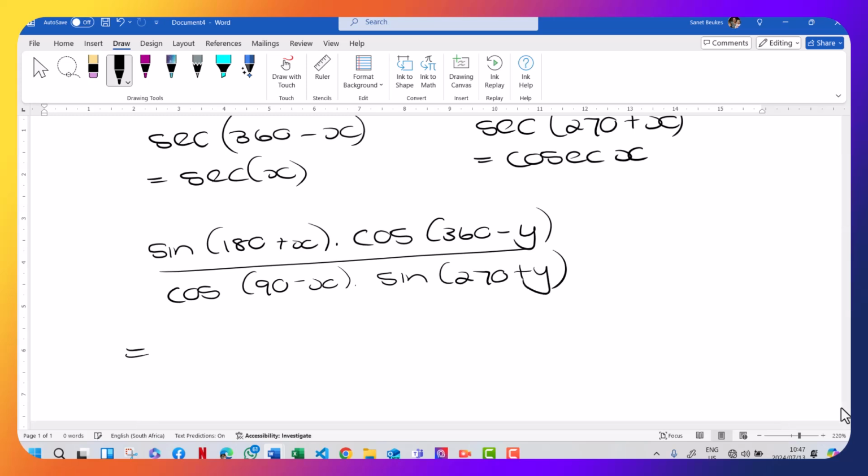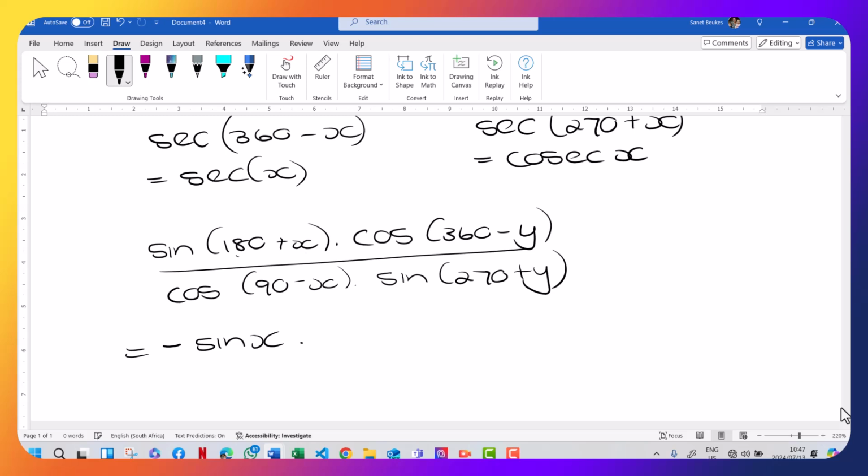Okay, let's do this. Sine 180 plus x, that means it's in quadrant number 3. It's negative in quadrant number 3. But because it's 180, it's not a co-ratio, it doesn't change. My answer is sine x.